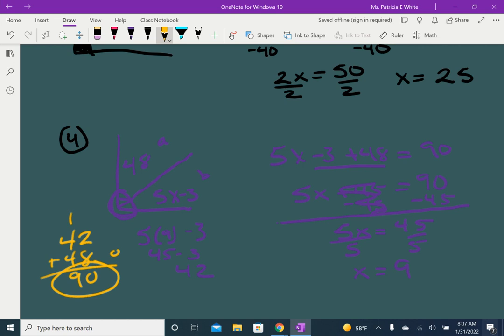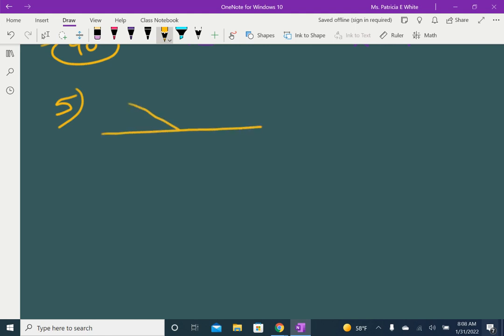And I'm going to move on to problem 5. All right, 5. Hopefully you paused your video and you got it done. 5, straight line. Remember, over this next week, always be looking for that straight line. That straight line created by 2 different angles will give you that 180, and it will help you to solve.